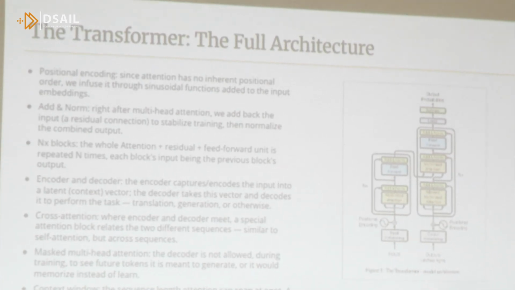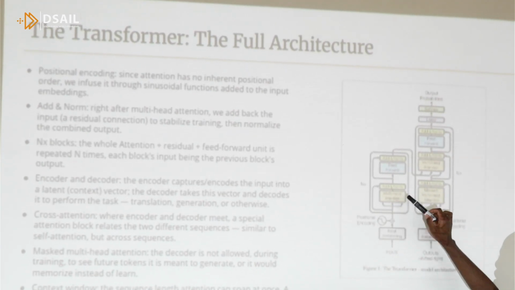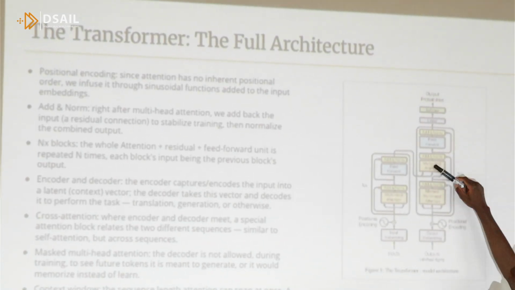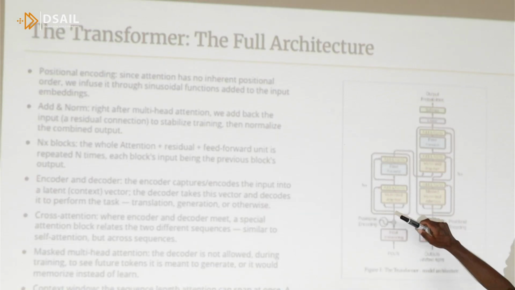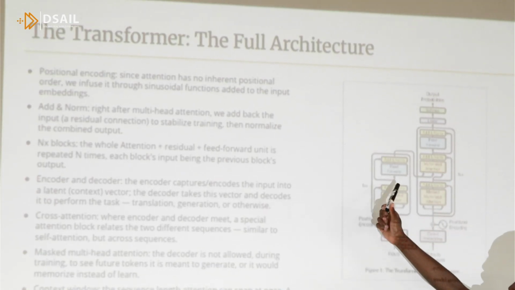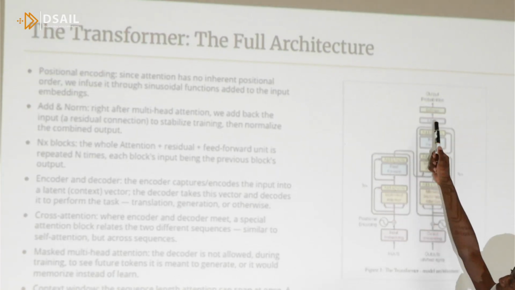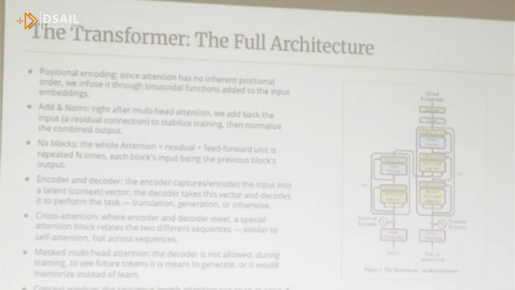Now, the second thing is after every layer, here multi-head attention, feed forward, masked multi-head attention, and also cross attention on this other end, you find something called add and norm. So what is that for?